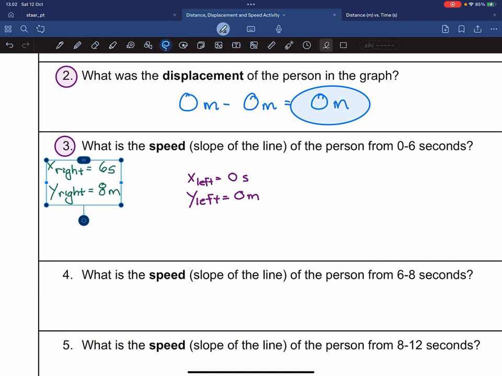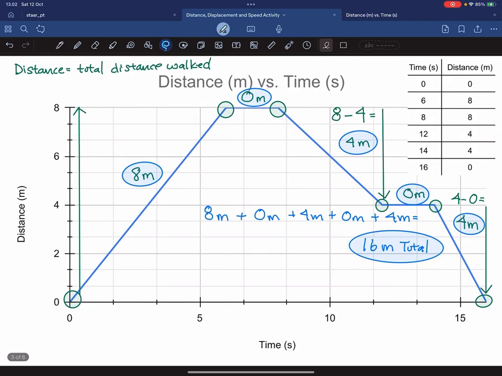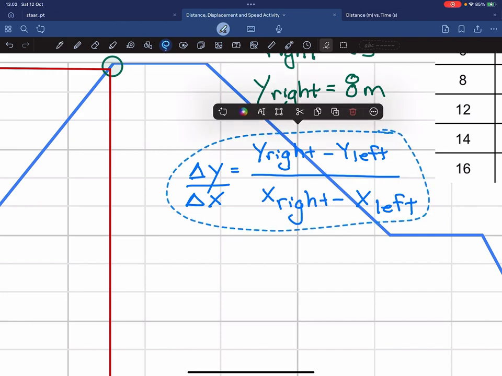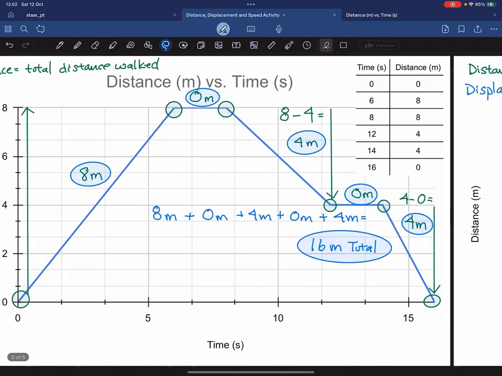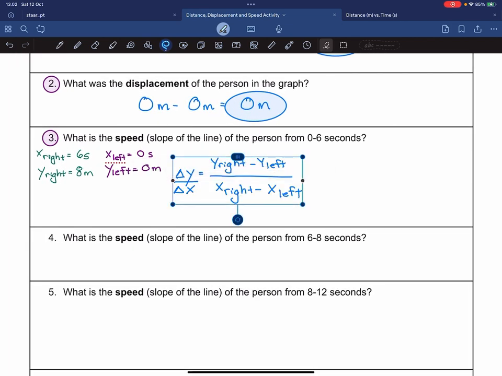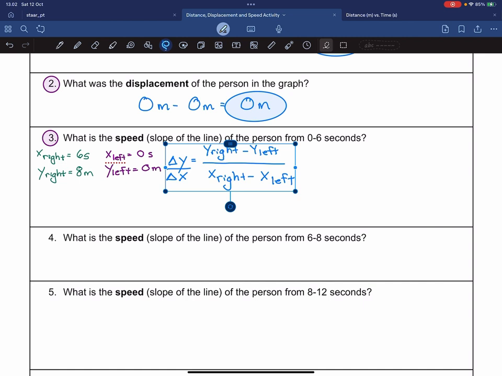There we go. And there's my x left and my y left, which I got from my graph. Then here's my equation, which I also got from my graph. There we go. That'll give me some space.